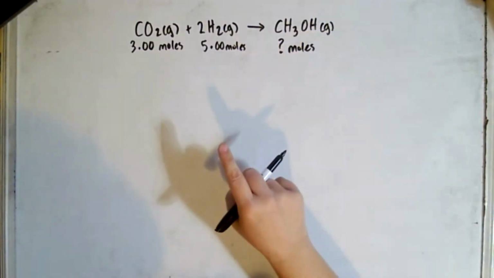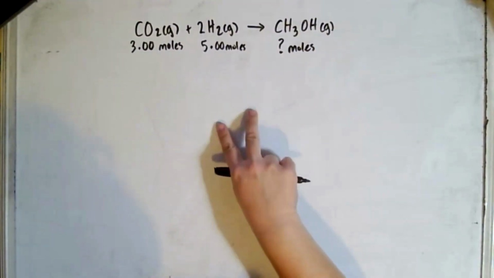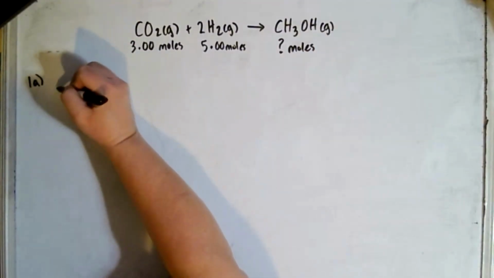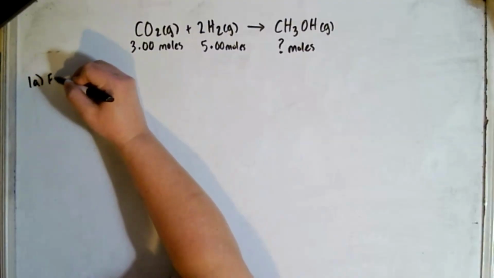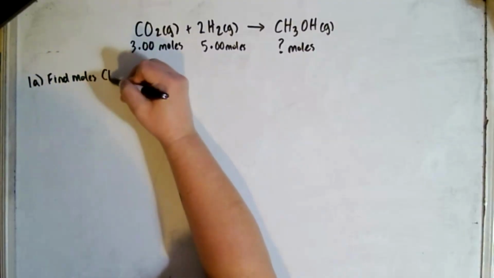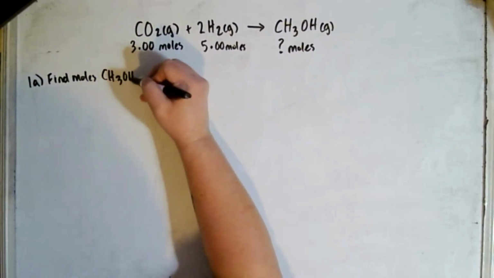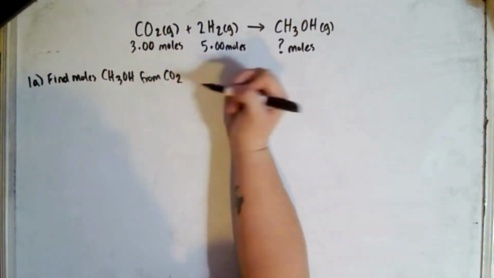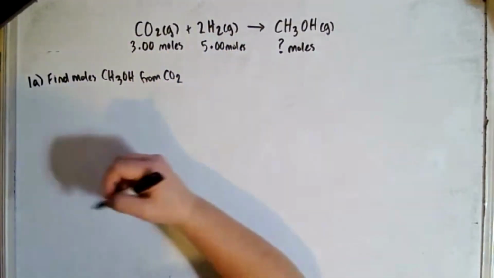Your first step here is always going to be a two-part process. You have to figure out, we'll say step 1A, find the moles of CH3OH from your CO2 amount, from your first reactant.